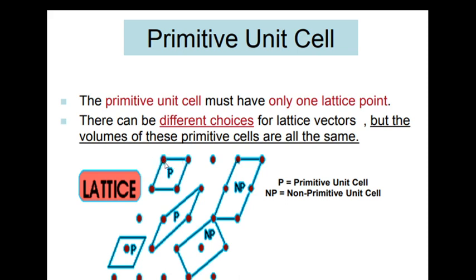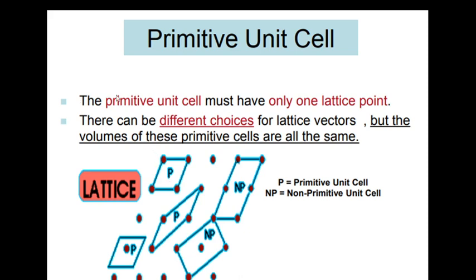So 1/4 of the atom belongs to this region, and 3/4 is outside the chosen box. 1/4 on this corner, 1/4 on this corner, 1/4 on this corner, and 1/4 on this corner. That means 1/4 of each of the 4 corner atoms belongs to the chosen area. So ultimately 1/4 times 4, that is 1 atom belongs to it.